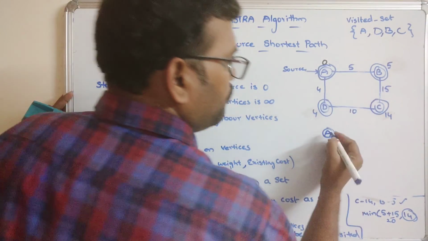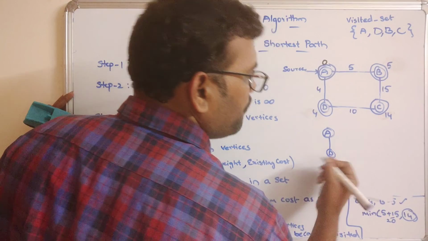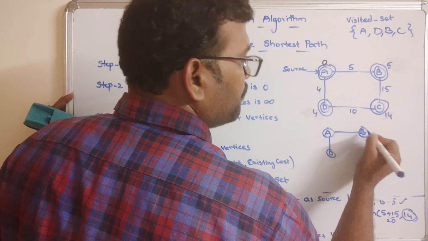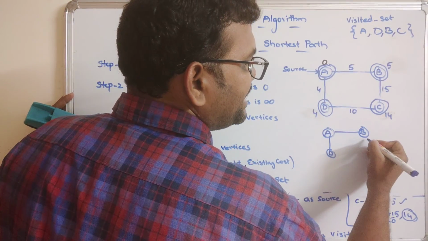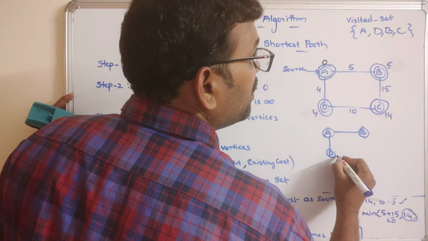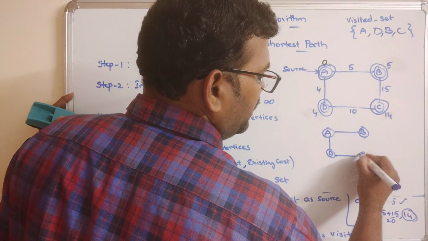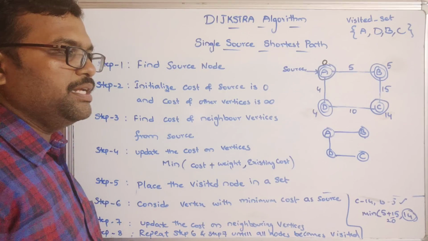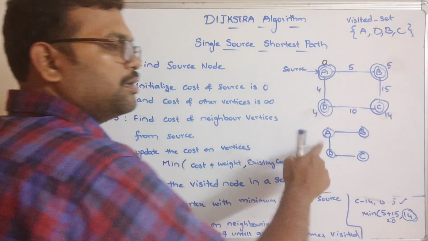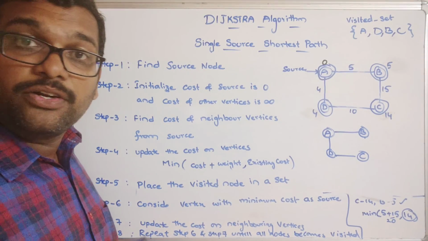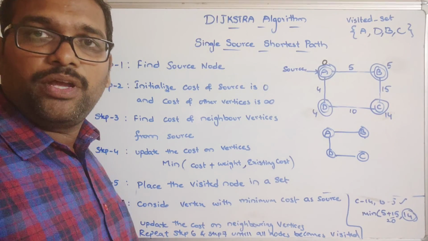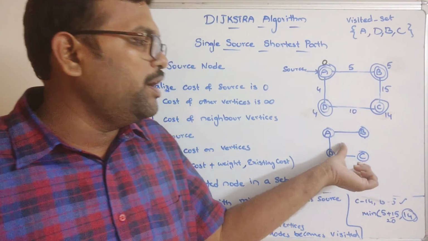From that we have visited the D. From that we have visited the B. From that we have visited the C. Okay, D to C, right? And this is the minimum cost tree. So this we call it as a tree because this is not closed. Okay, this is open.